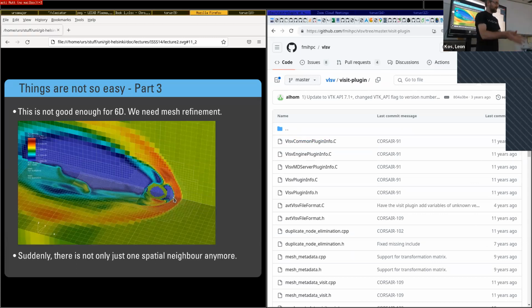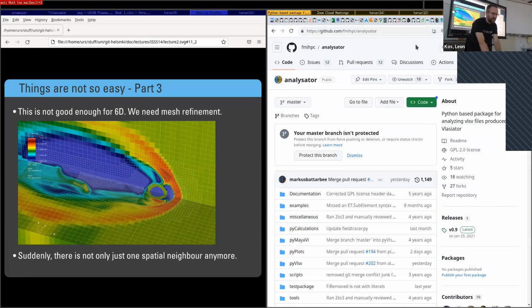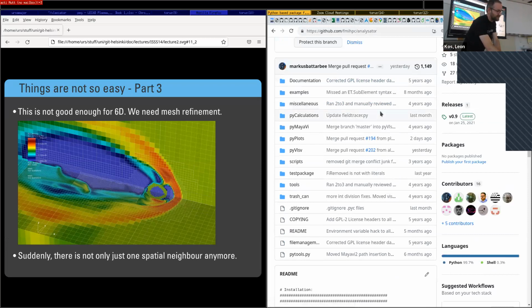When that is compiled, VisIt can just open these files and see the meshes and all the 3D plots and all that. In addition to that, following our wonderful naming scheme, we have Analyzer. That is a Python library where you can handle these files and use them. It has a visualization package, which is not very user-friendly and unfinished around all the edges, but that can be used for some three-dimensional plots.